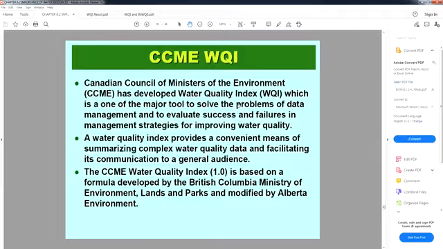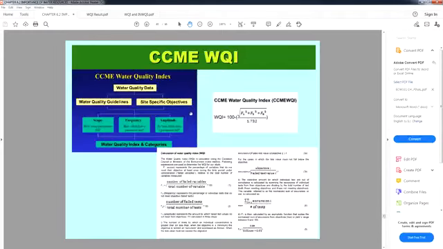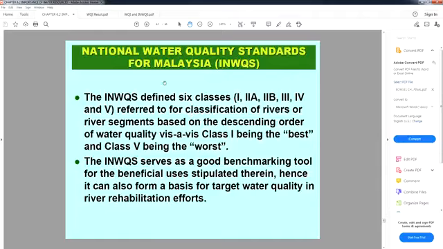Okay, before that, this one is not that important. Okay, the second one is the INWQS. Okay, so INWQS defined as the classes. You boleh define 6 classes of river, whether it is class 1, class 2A, class 2B, class 3, class 4, and class 5.